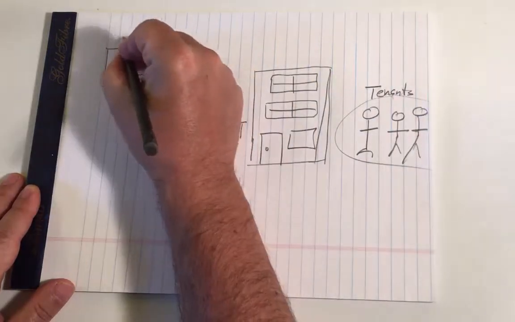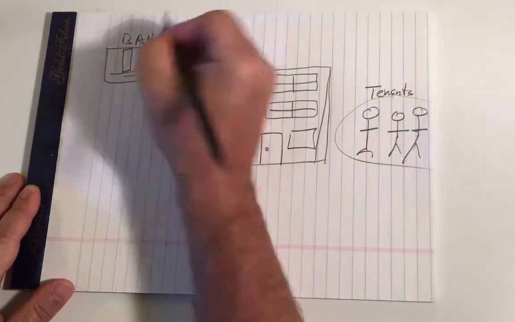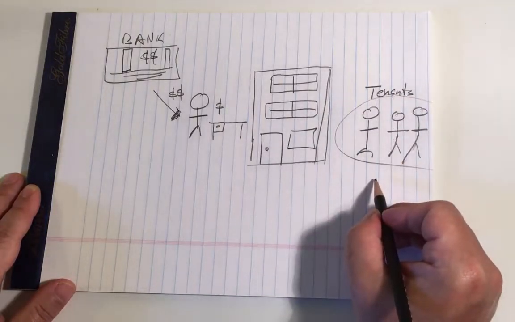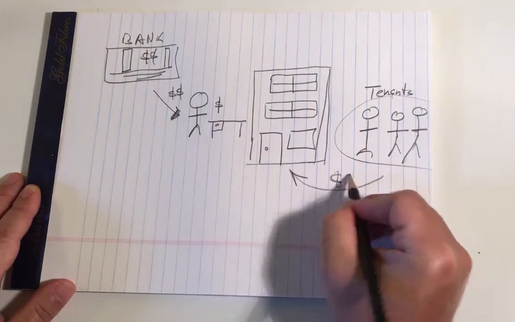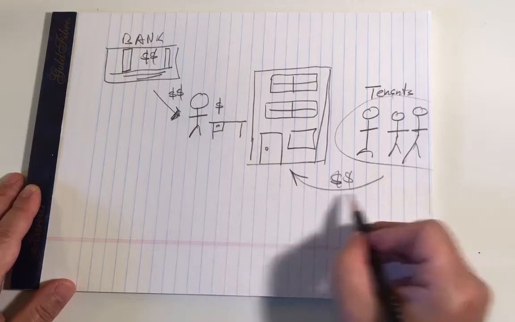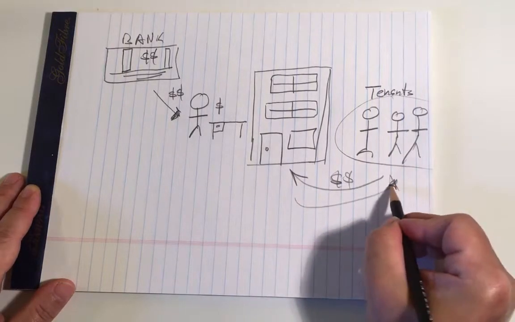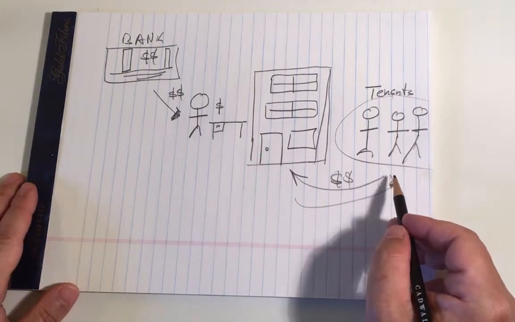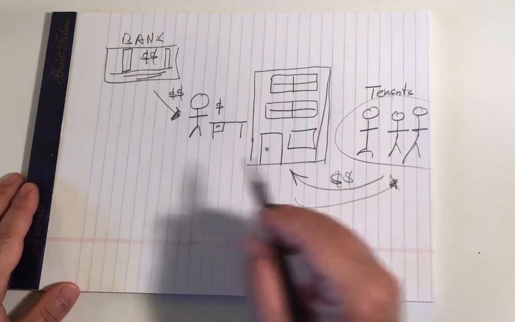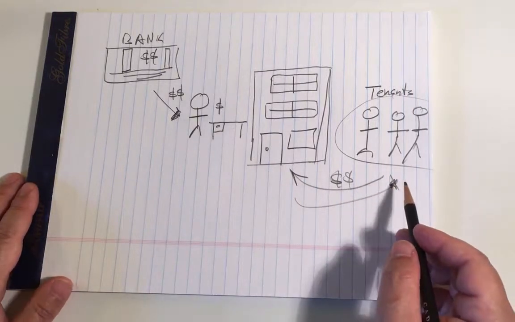All right, we have a bank. Tenants. And what do tenants do? Tenants pay money in exchange for the right to live in the building, just like clients would pay money in exchange for products or services.